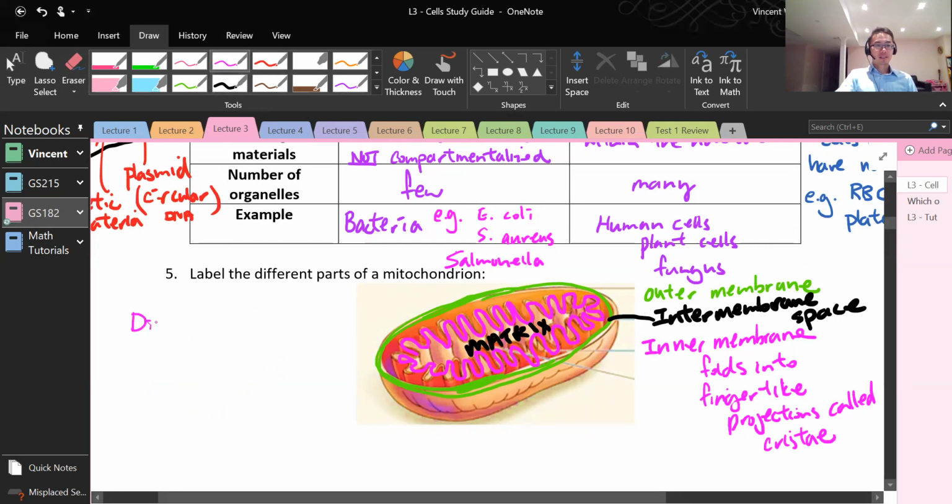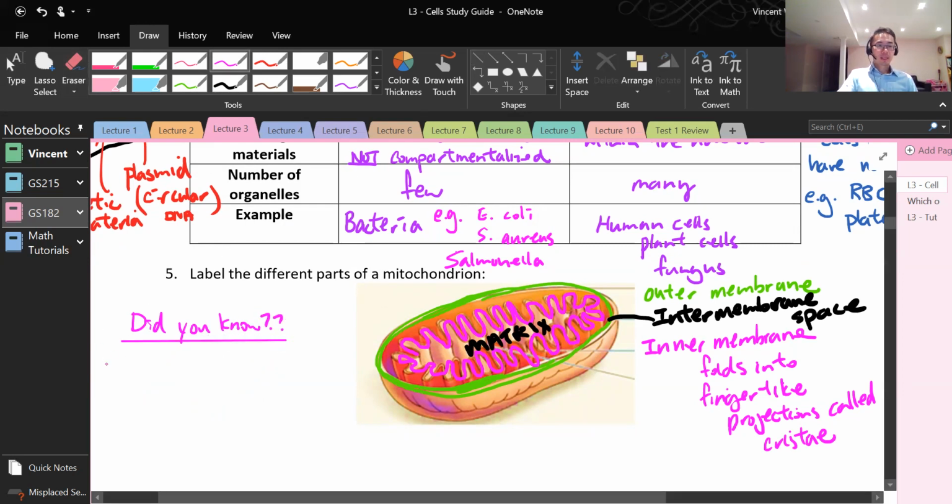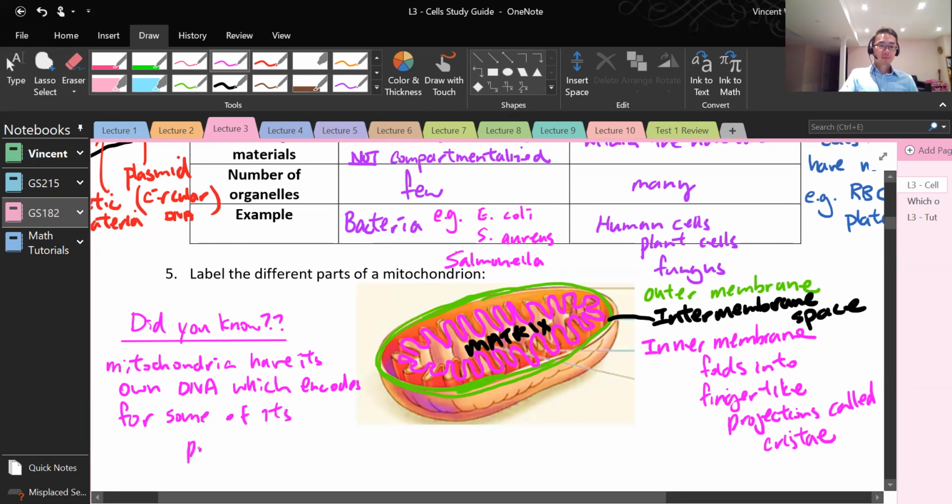So, fun fact. Did you know mitochondria have their own DNA, which encodes for some of its proteins?